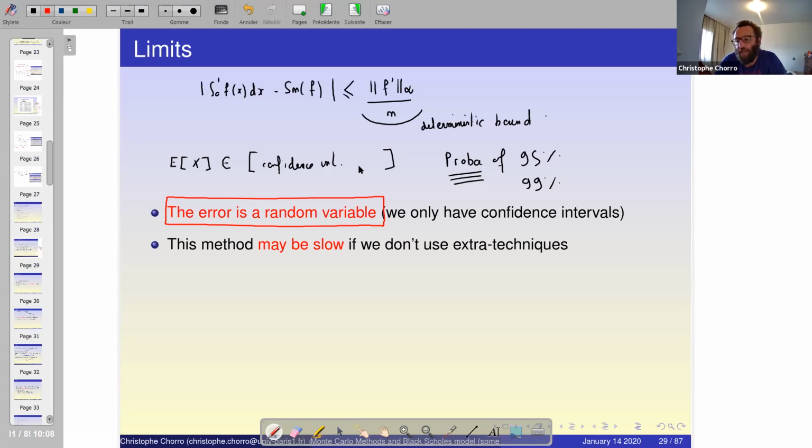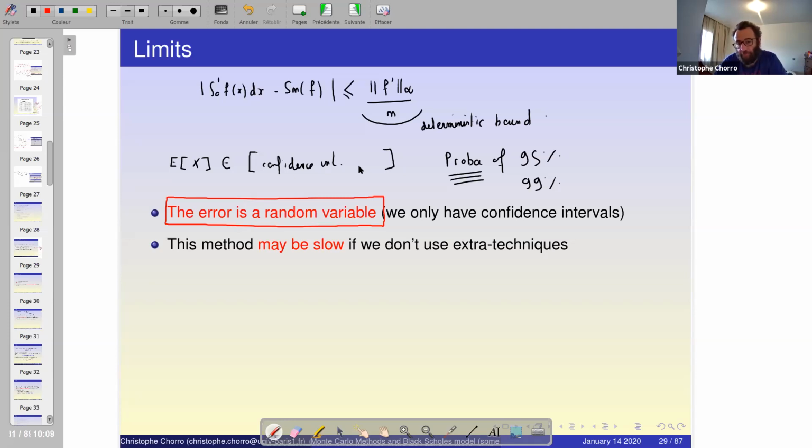So the very big price to pay when we use the Monte Carlo method is that, since we use probabilistic tools, we leave the world of deterministic tools to enter the world of random ones. All the notions we are going to handle will be random notions. In particular, the error will be a random error, a random variable that I am able to control, but that I am not able to know perfectly.